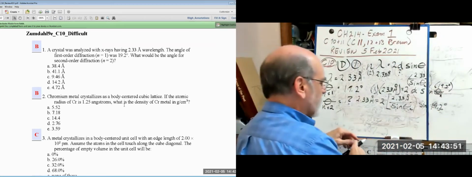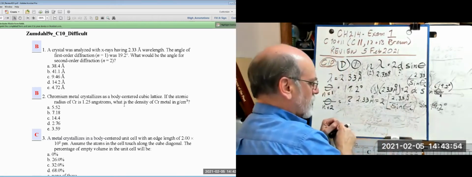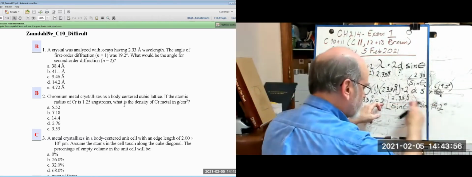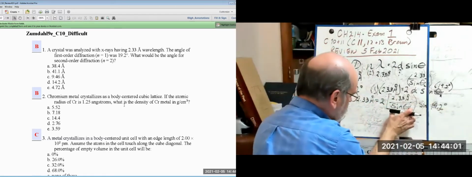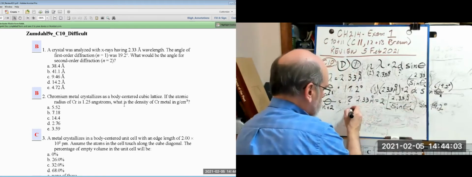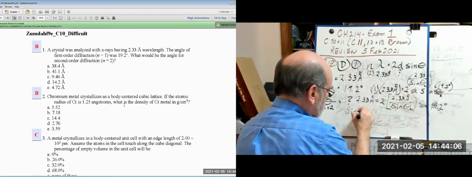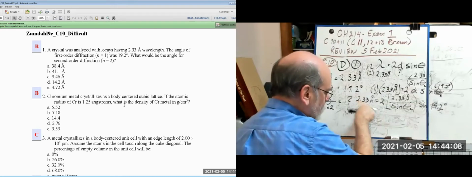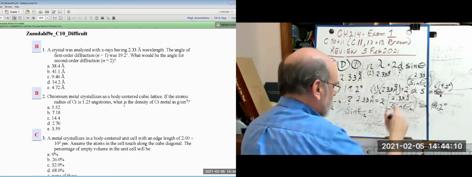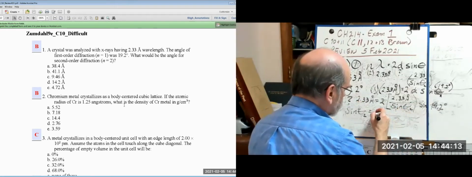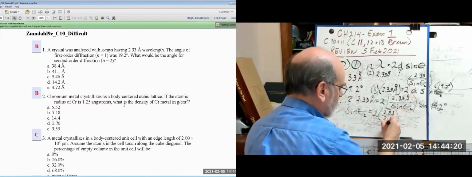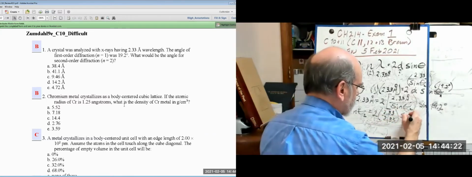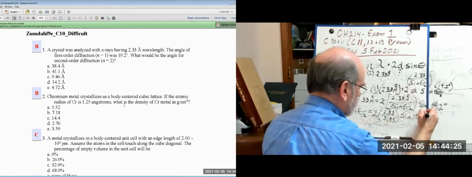Okay, so now we want to solve for this one. So all of these are multiplied or divided, so we don't have to worry about pluses or minuses. So we can take this one and put it over here, and take this one and put it over here, right? And that means that 2 times 2.33 over 2.33 becomes 1, and this is sine 19.2 degrees.